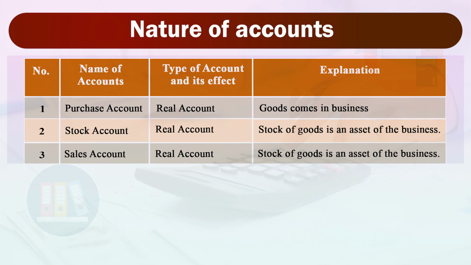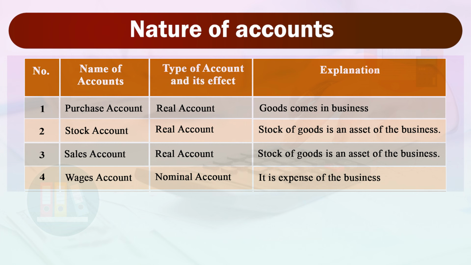Third is sales account. Now, sales account is also a real account because sale of goods is an asset of the business. Fourth is wages account. Now, wages account will be considered as the nominal account as it is the expense of the business. So, whenever we see expense or income of the business, it will be treated as the nominal account.